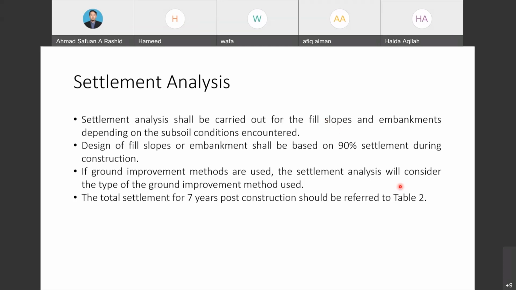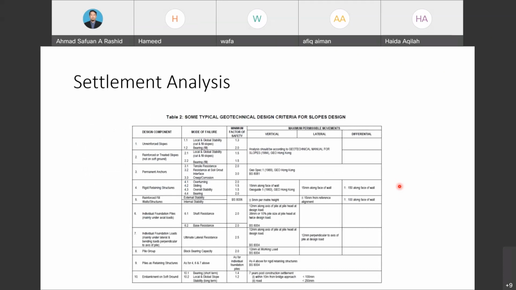Then we need to refer to Table 2. At least the allowable settlement should be less than 100 millimeter within 10 meter from the bridge approach. That is the allowable movement.